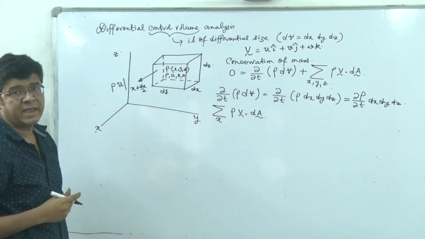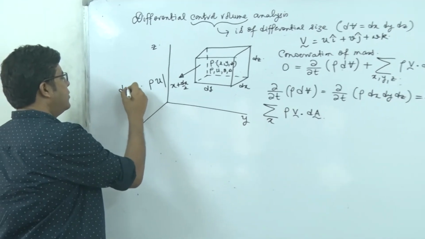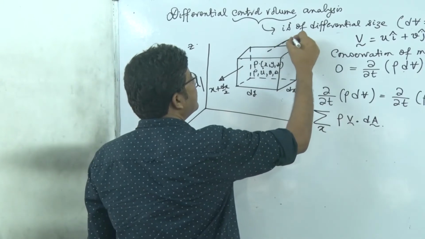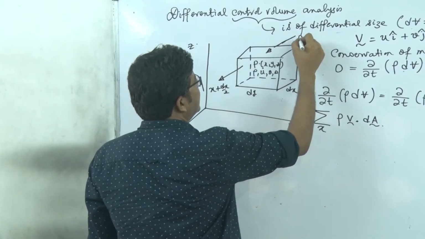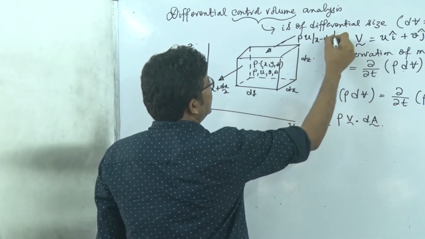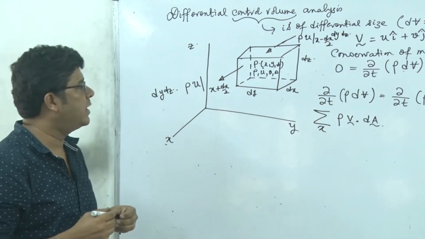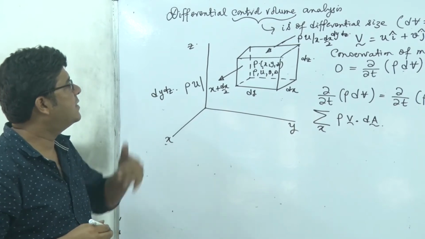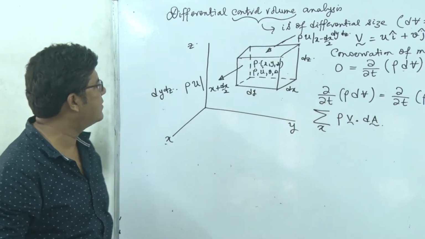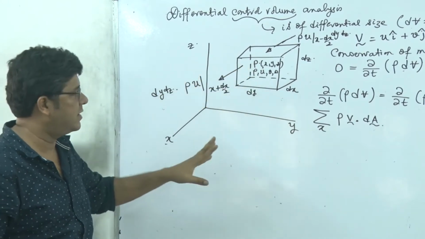On the frontal face, the x coordinate will be x plus dx by 2, multiplied by the area, which is dy dz. Now on the back side, what will be the term? The term will be rho into u at x minus dx by 2, into dy into dz, right? Because the central point has coordinate x, and the length is dx, so the back will be at x minus dx by 2 and the front will be at x plus dx by 2.